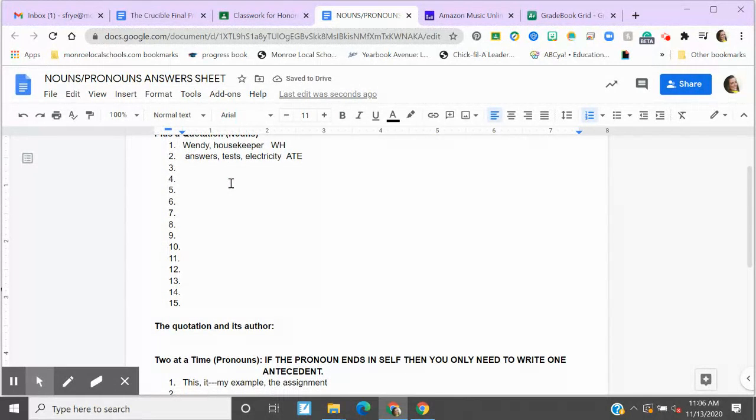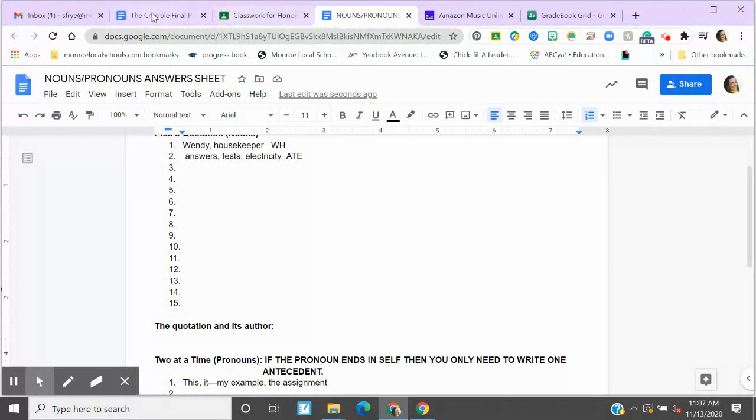Makes sense, right? When you get to the end, all of these letters that I have typed out are going to create a quote. So when you're finished, you will take the letters and write out what the quote is and who the author is, from all of these letters.